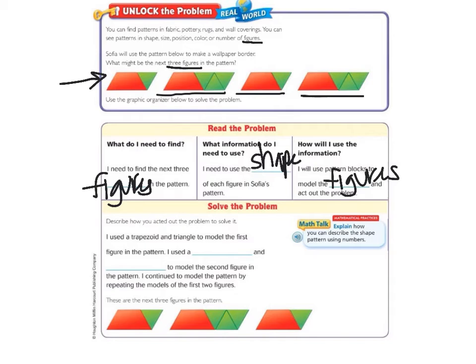Looking at my pattern, I can infer that the next pattern begins with a red trapezoid followed by one green triangle. It asks us to find the next three figures in the pattern. So with that, I know that my next figure is going to start with another red trapezoid followed by three green triangles.